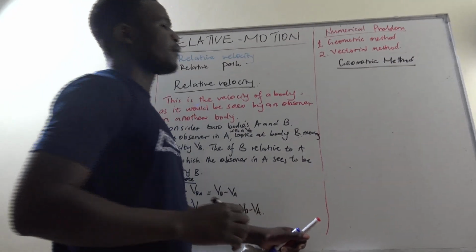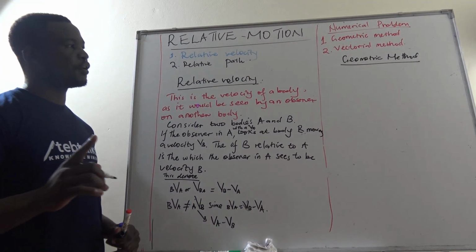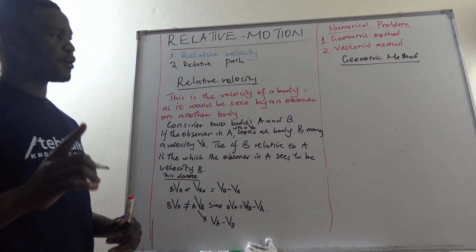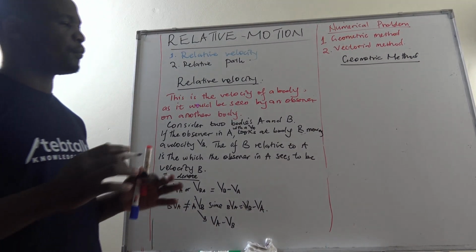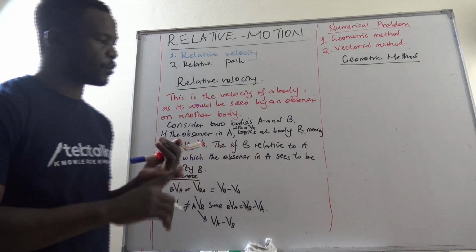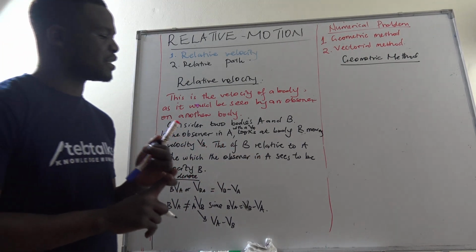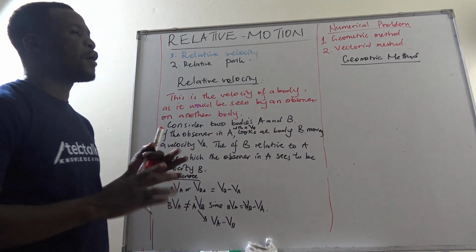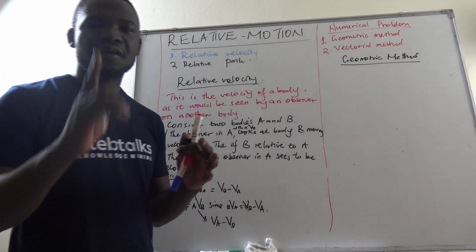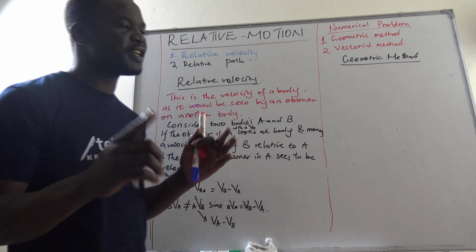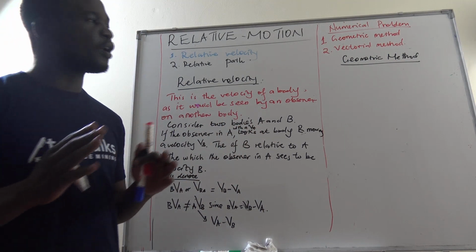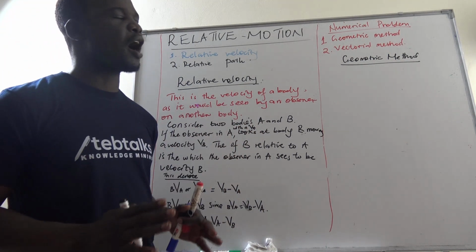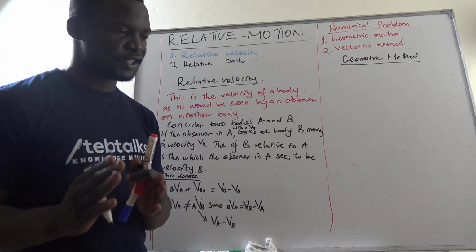Now, when we are using the geometric method, we have to be careful. One of the conditions that must be satisfied: the two velocities must be originating from the same origin, and they should close to form a triangle of velocities.